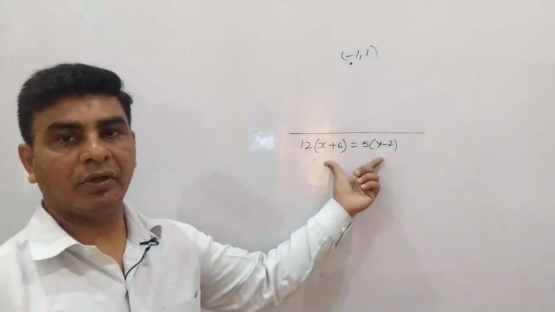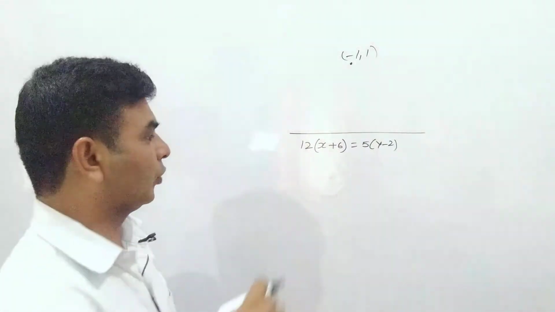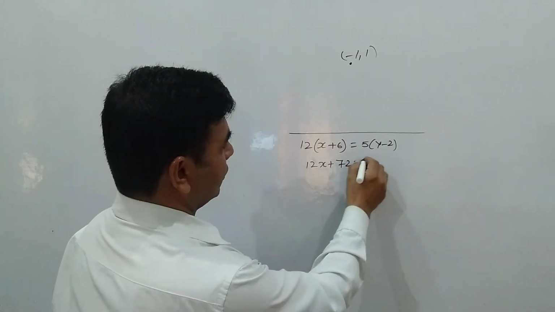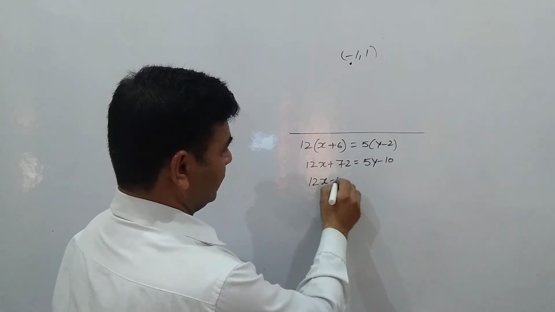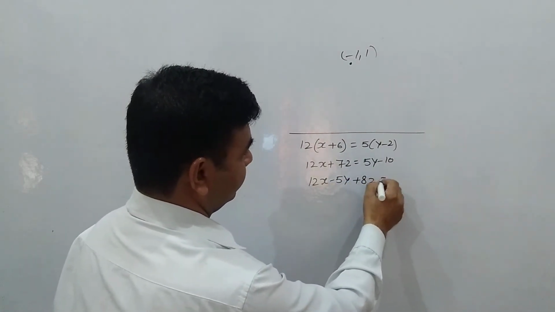Dear students, first of all let me reduce this into the proper generalized form, which is 12x plus 72 is equal to 5y minus 10, or simply 12x minus 5y plus 82 is equal to 0.